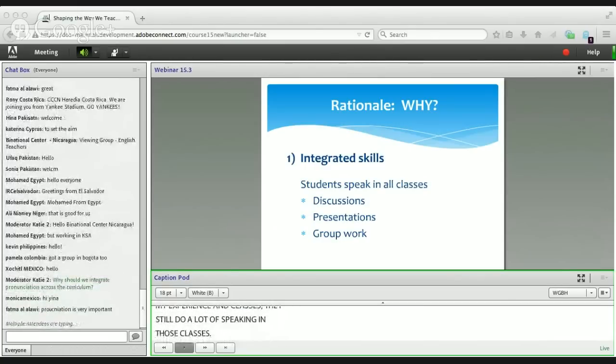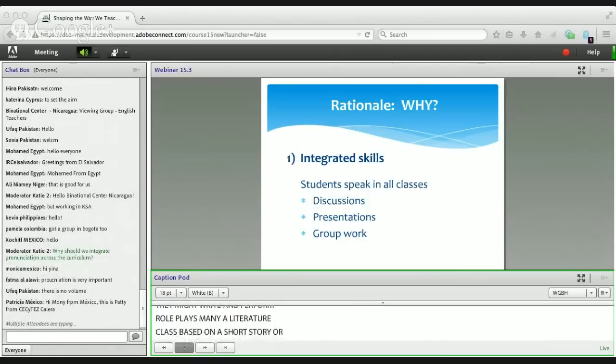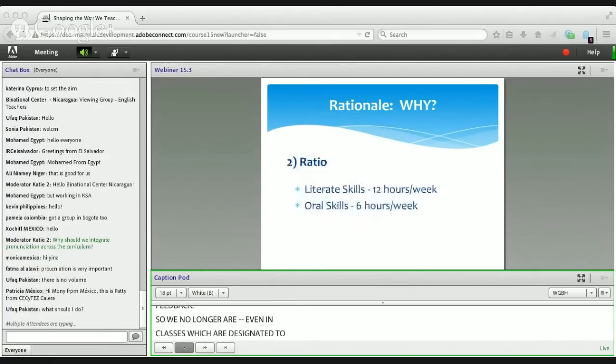They might write and perform role plays in a literature class based on a short story or a novel, or lots of different ways, and in a writing class, they might be giving each other peer feedback. So even in classes designated to one skill, there's a lot of speaking that goes on in these classes as well.